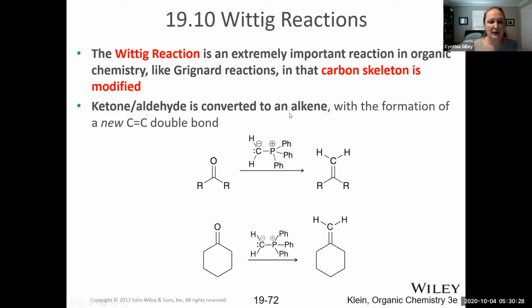Ketones or aldehydes are converted to alkenes. So very interesting, very useful reaction for an organic chemist. It utilizes a specialty reagent, kind of like the Grignard reagent, but it's not exactly a Grignard reagent, it's different. And so sometimes it's called the Wittig reagent or a phosphonium ylide.